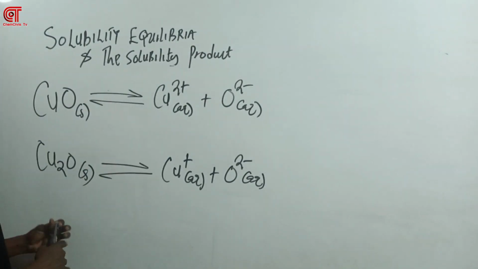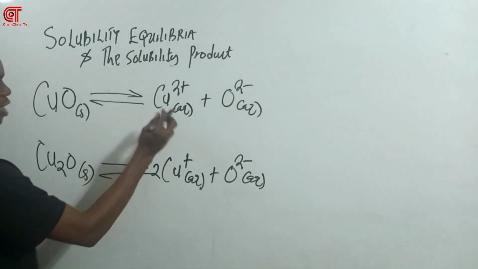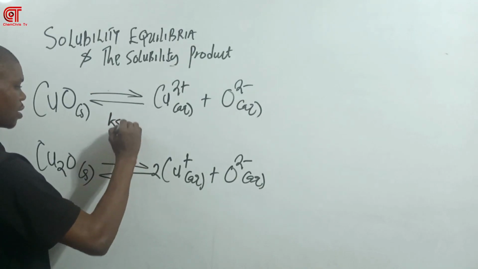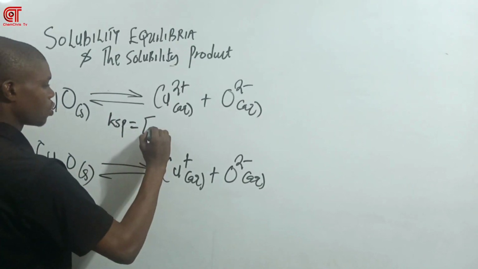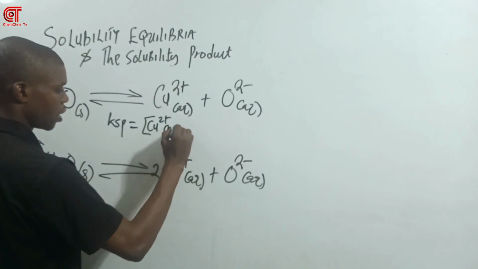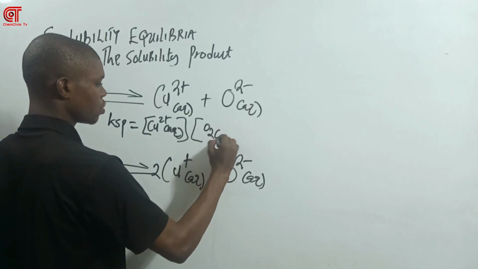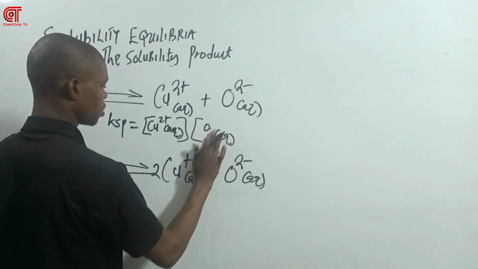So next is to balance the equation. If you want to balance the equation here, you have 2 copper here and 1 oxygen. So the Ksp expression here, for the first we're going to do Cu2+ aqueous and O2- aqueous.